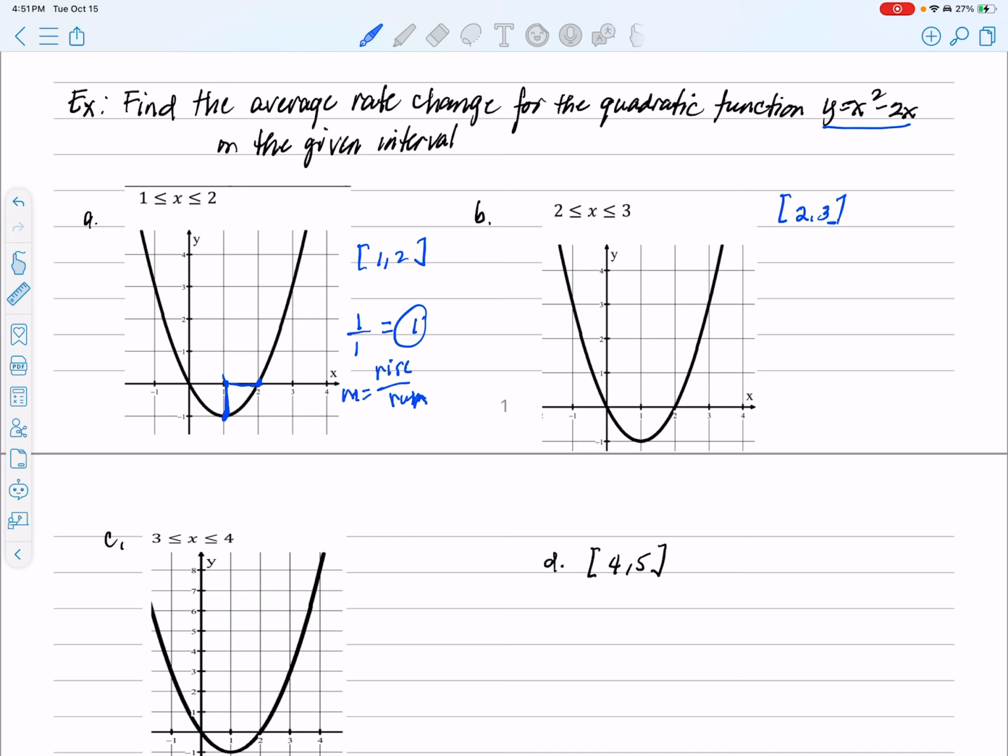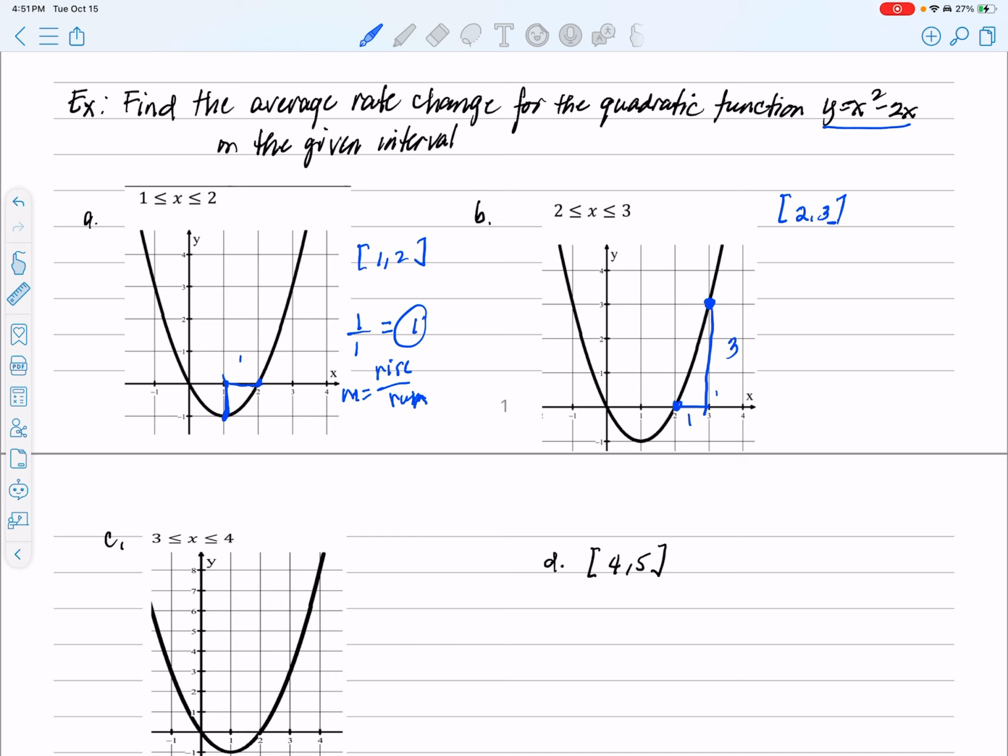Let's look at 2. It touches here on the graph. When it's 3, where does it touch on the graph? Here. So with that interval, we run 1 and we rise 3. This is 3, this is 1.